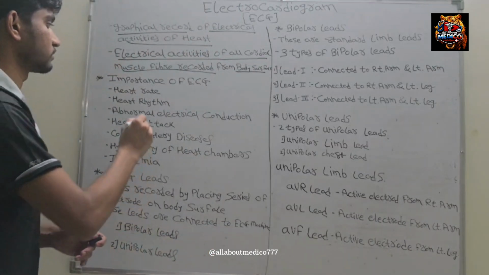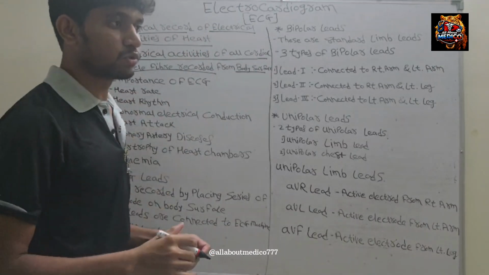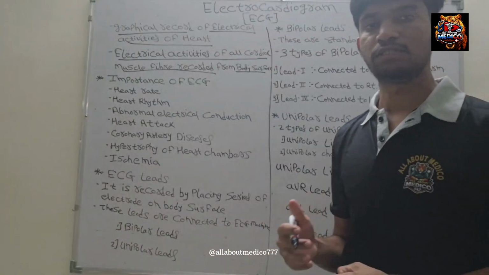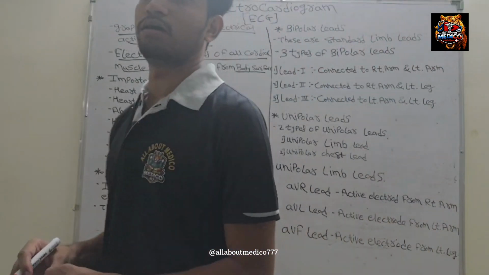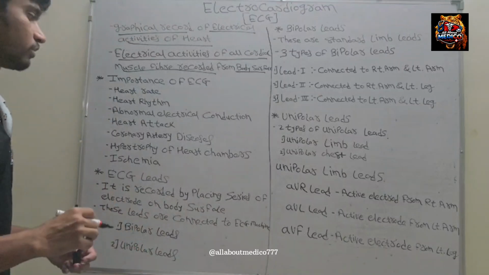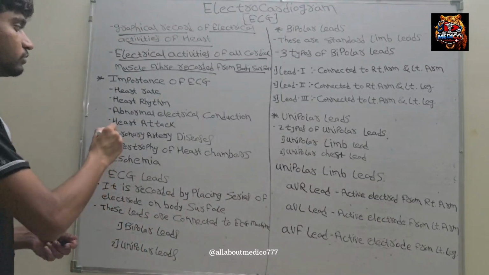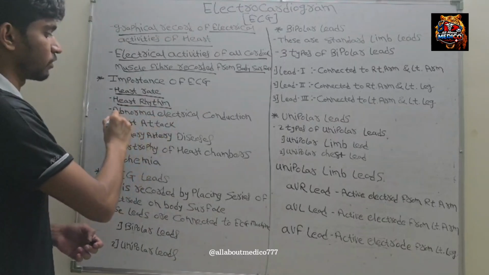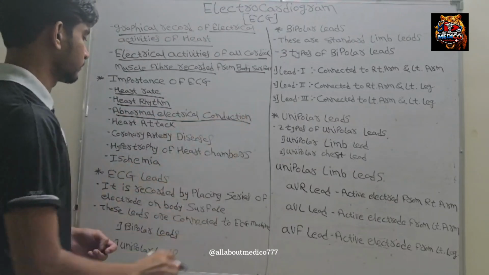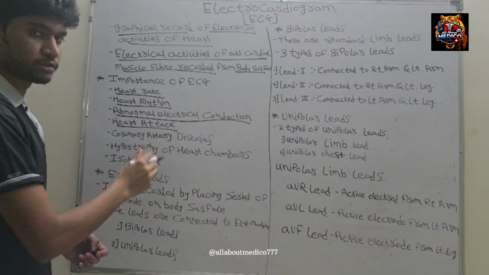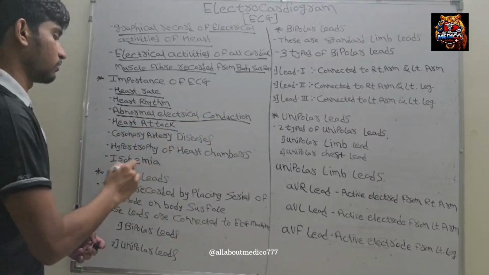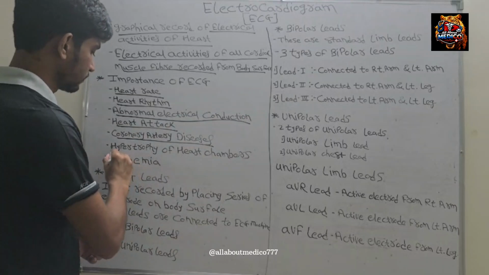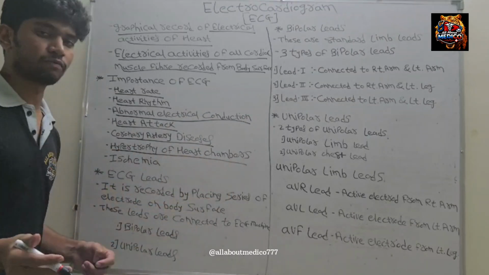What is the importance of ECG? To determine or diagnose the heart rhythm, ischemia, heart attack, coronary artery disease, abnormal electrical conduction, and hypertrophy of heart chamber, left or right ventricular hypertrophy.